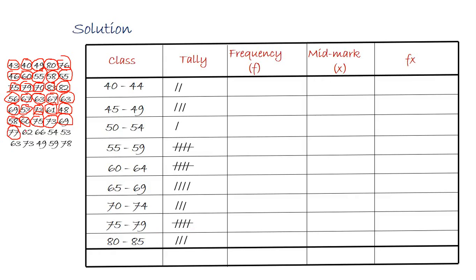And then 62, which lies in the class of 60 to 64. Then you have 66, which lies in the class of 65 to 69. Make this band of 5.